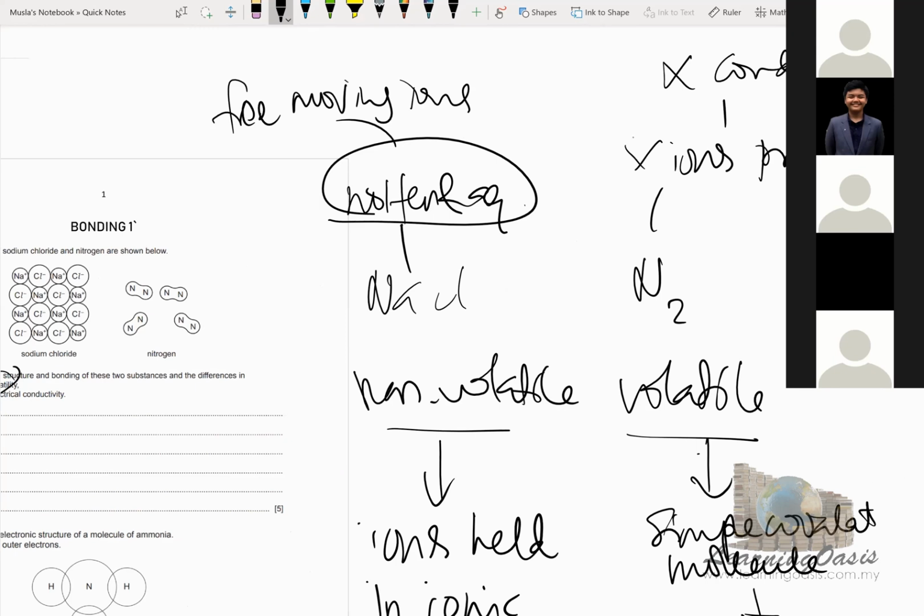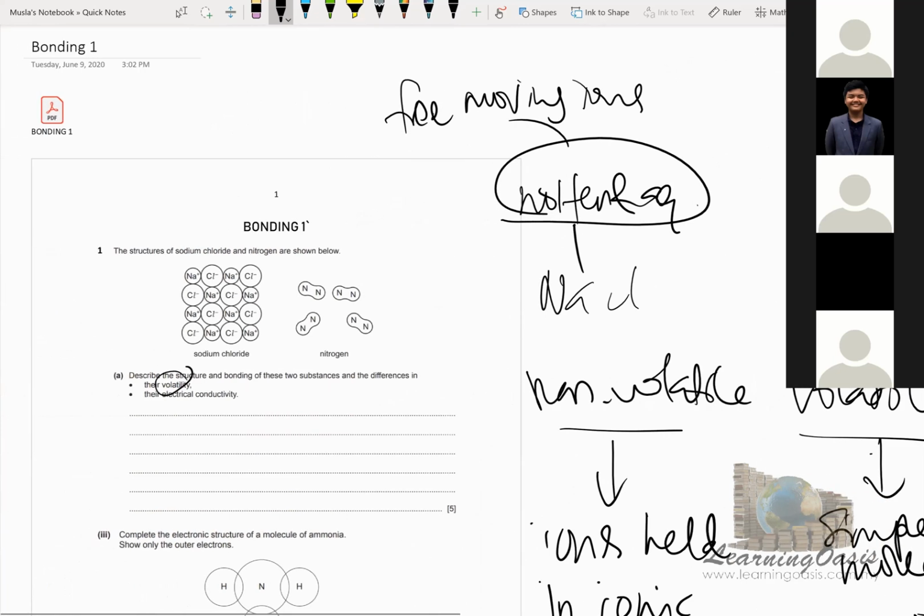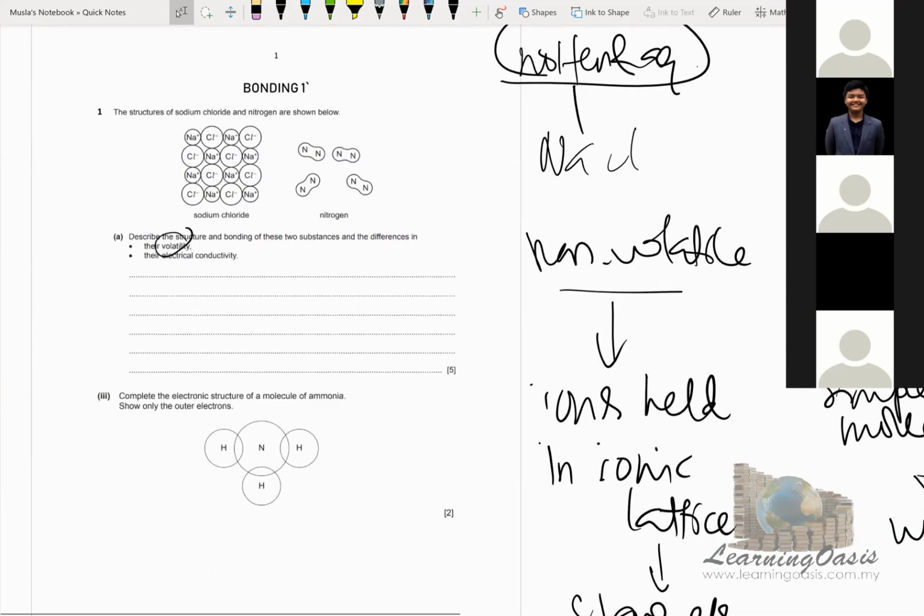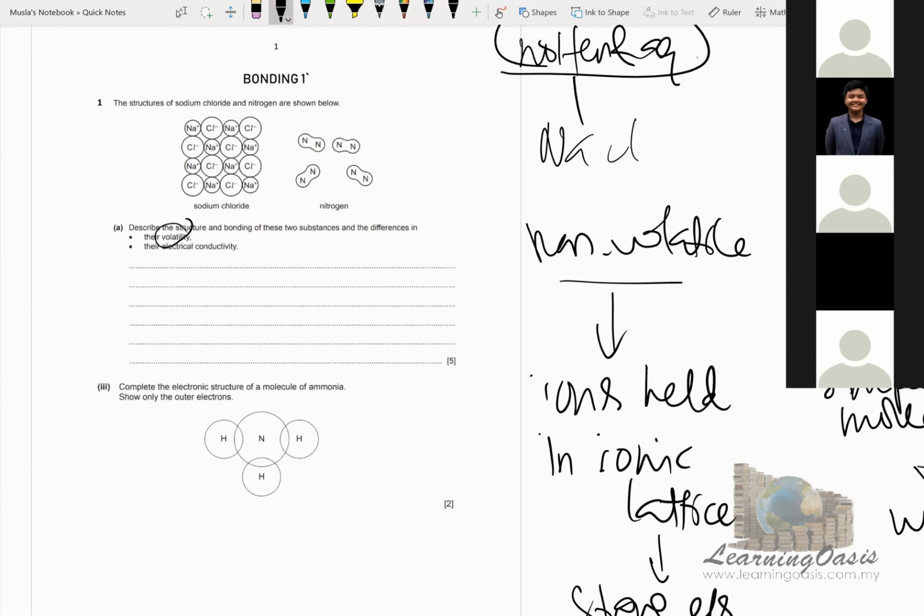Understand? Teacher, do we need to describe its structure and bonding? Or can we just go straight to the difference in volatility? You mentioned sodium chloride is non-volatile. Because the ions in sodium chloride are held in an ionic lattice, you already described the structure.